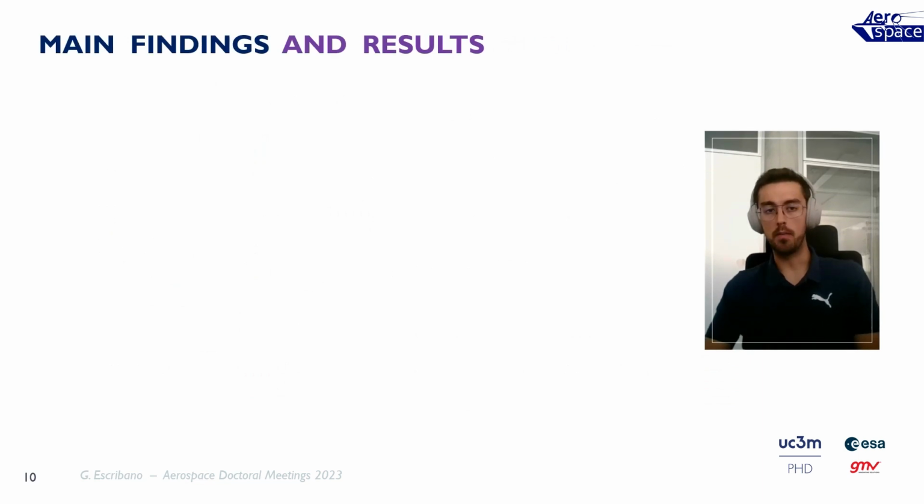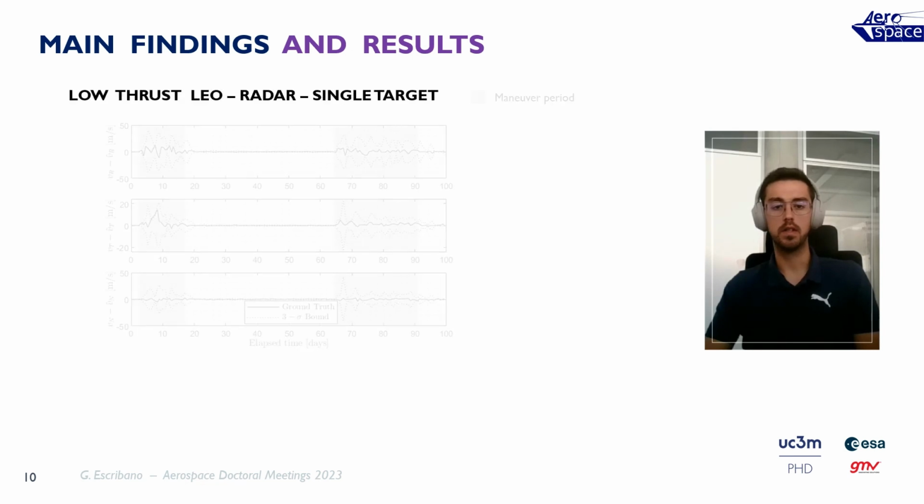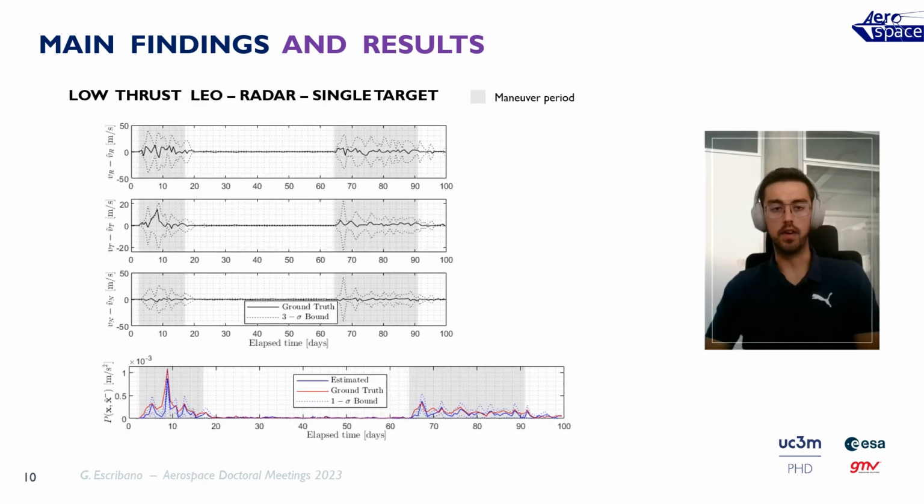So let me now briefly comment on the main outcomes of our research. Here we can see the velocity estimation error and covariance bounds when tracking an orbit raising satellite using radar surveillance data. As expected, during maneuver intervals, covariance grows by up to 2 orders of magnitude, since the information content in the measurements is unable to further reduce the dynamical uncertainty.